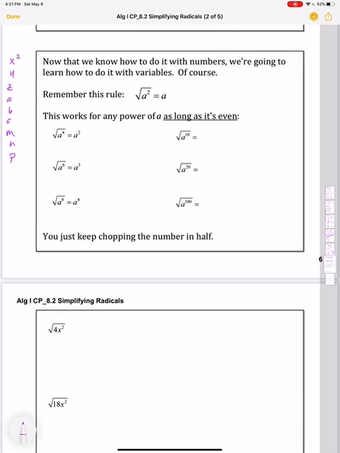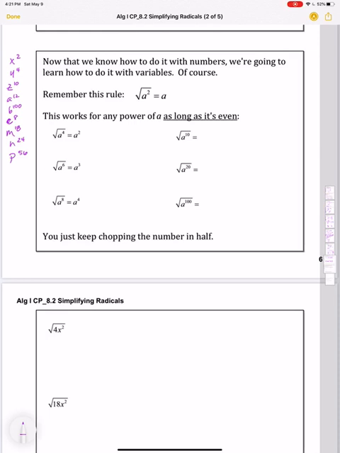So x to the second, x to the fourth, or y to the fourth, z to the 10th, a to the 12th, b to the 100th, c to the 8th, m to the 18th, n to the 24th, p to the 56th. Anytime it's even, those are perfect squares.